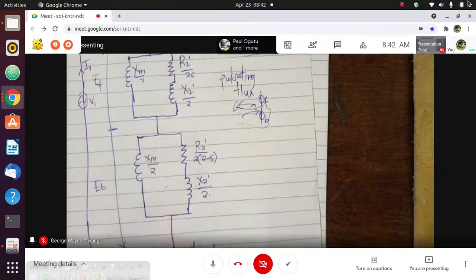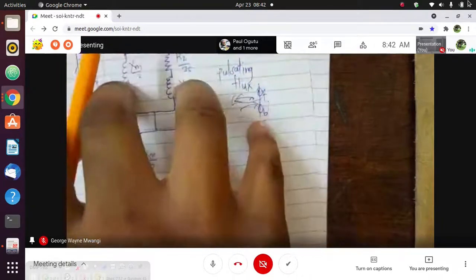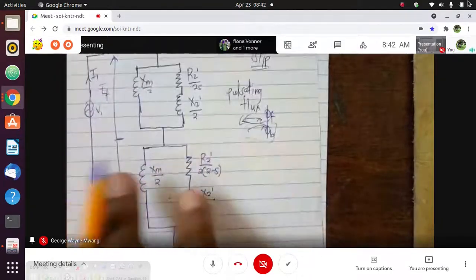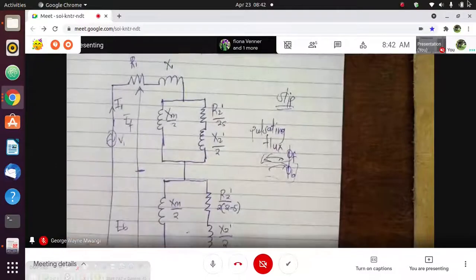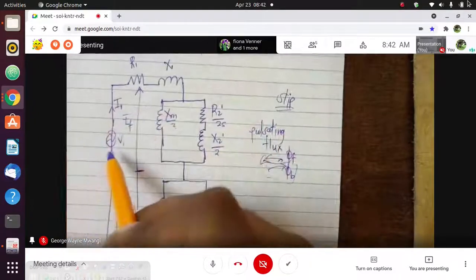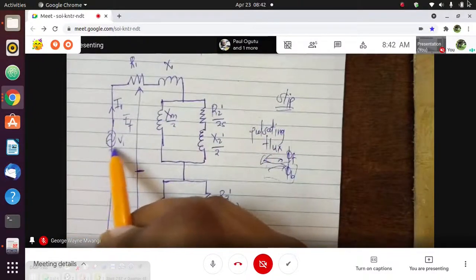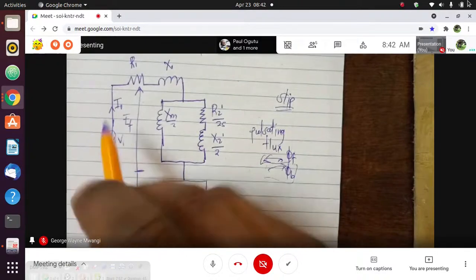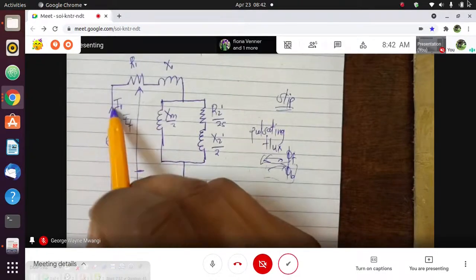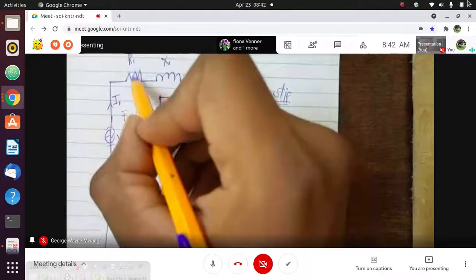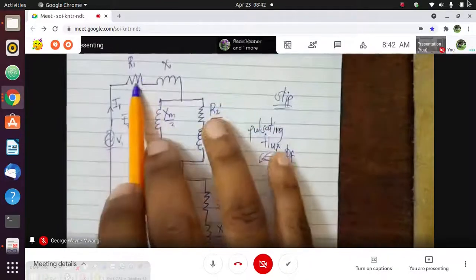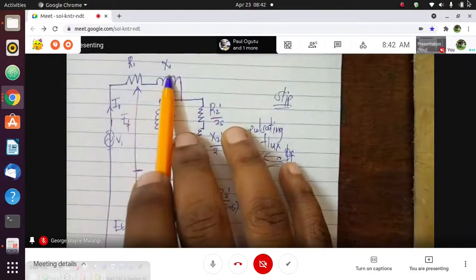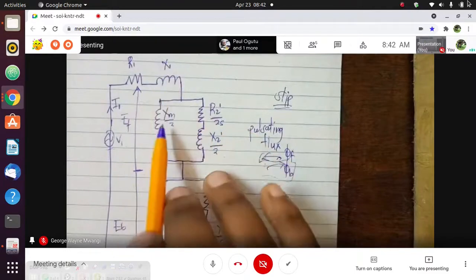Now, when I draw this equivalent circuit of the rotor at standstill, I have drawn the equivalent circuit with the voltage. We have V1 as the supply voltage from the AC source and the current. This R1 is the resistance of the stator, and X1 is the reactance of the stator. Xm over 2.